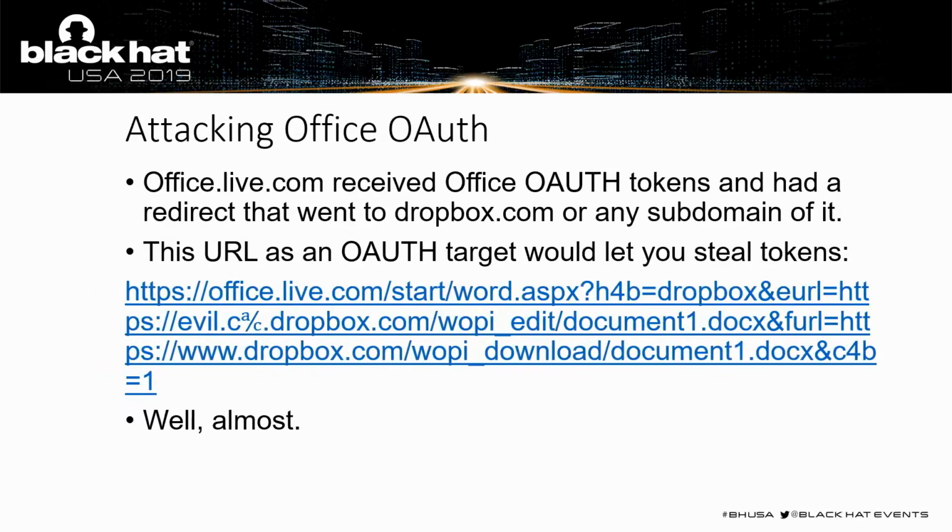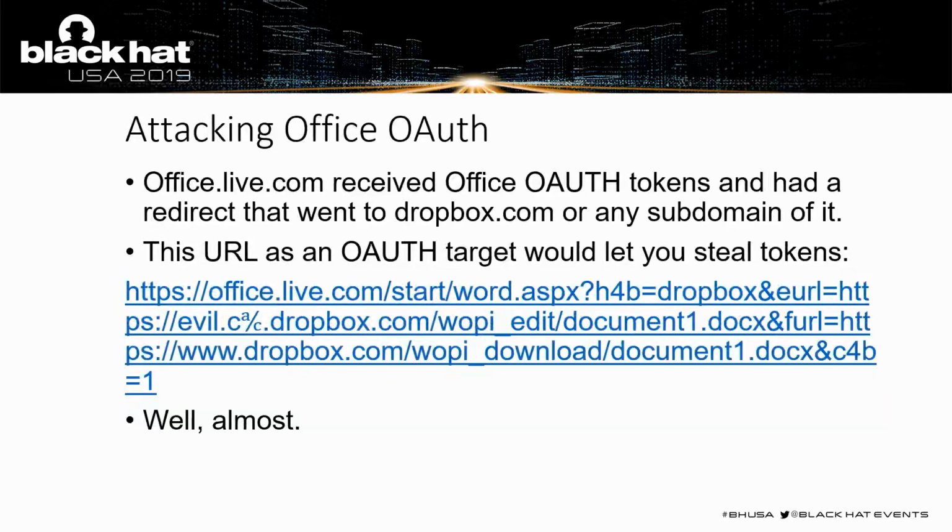So if you look at this URL, the target here for the redirect once you get to office.live.com is evil.c account.of.dropbox.com. And that ends with .dropbox.com, so office.live.com said, well, that's okay, but it sent that as a redirect to Edge, and Edge said, oh, I'll go to evil.ca.